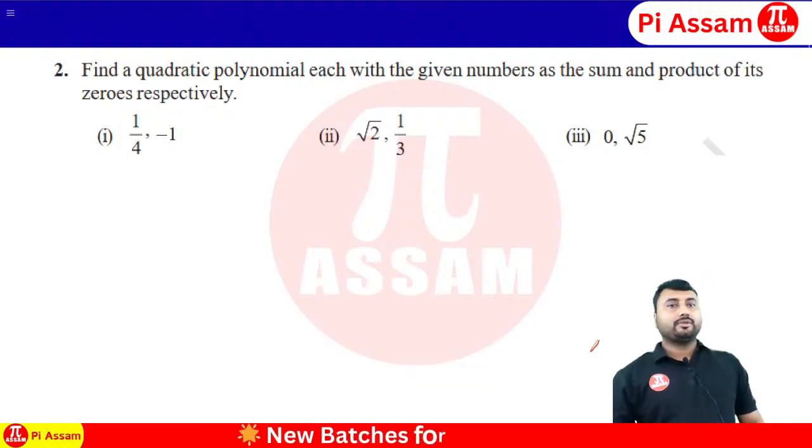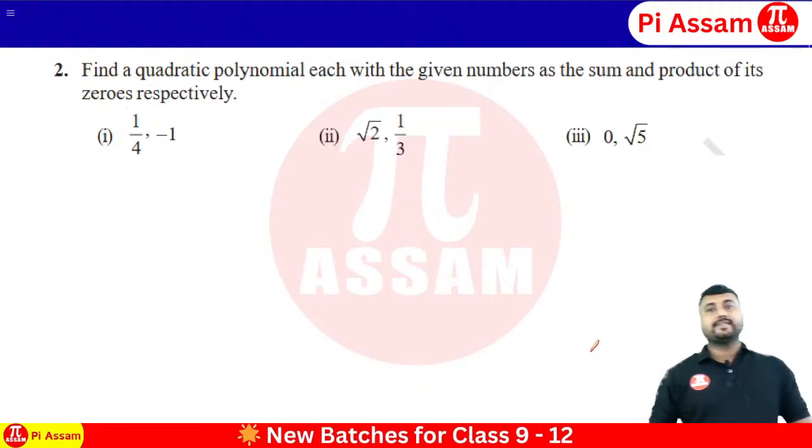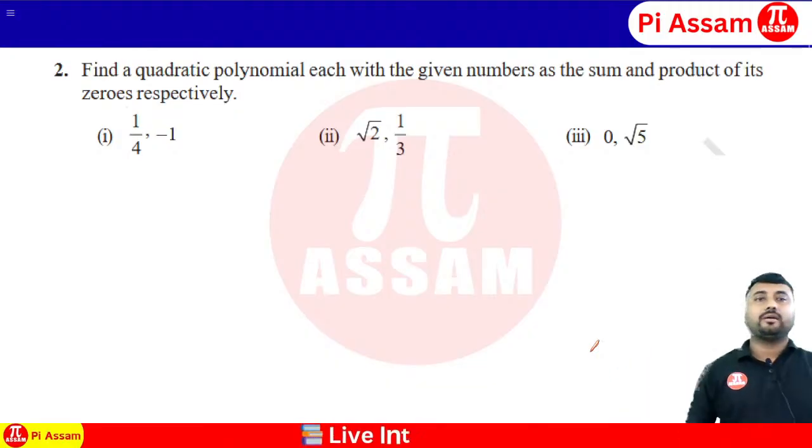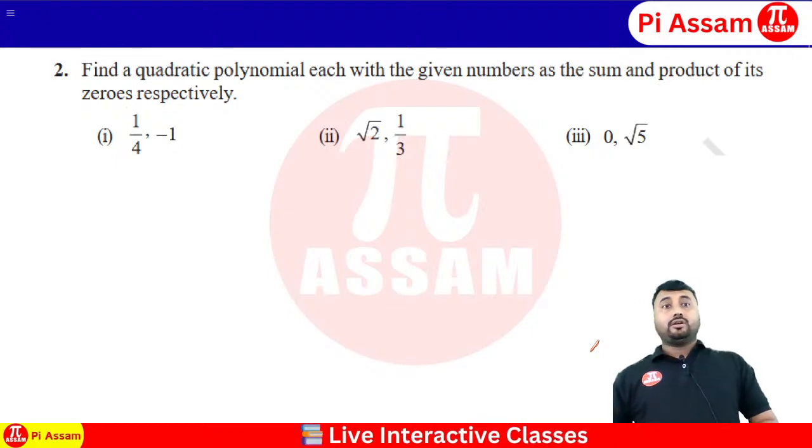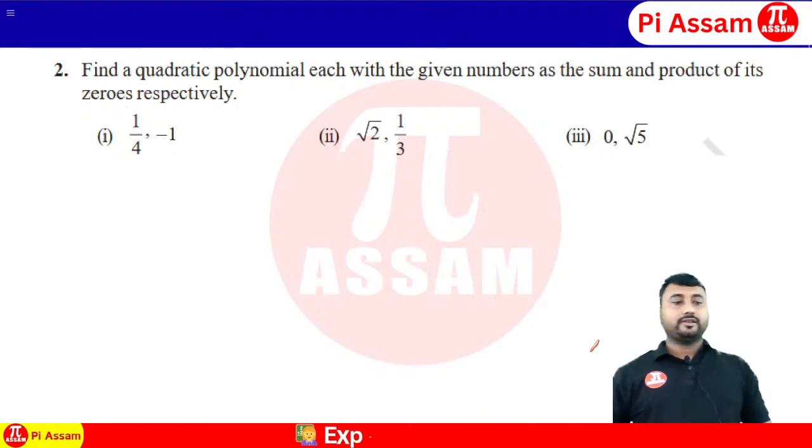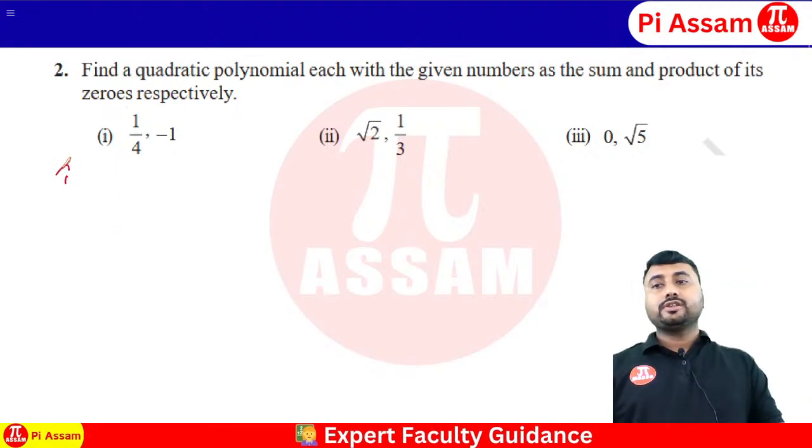So next, question number 2. Find a quadratic polynomial each with the given numbers as the sum and product of its zeros respectively. So a very important question, this one.